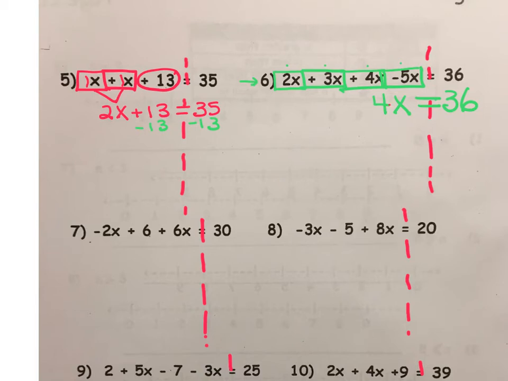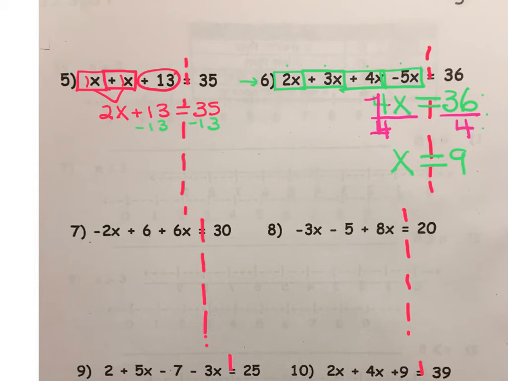This is a one-step solve. All we have to do is divide both sides by 4, and we get x equals 36 divided by 4 is 9.